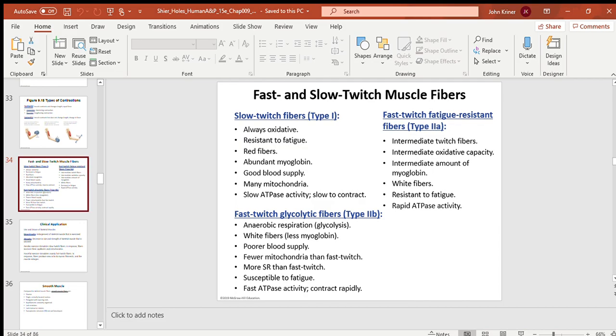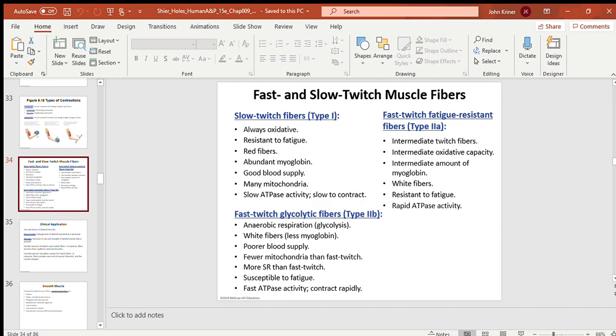So fast twitch type 2B muscles rely heavily on anaerobic respiration or fermentation. They're white muscle. So they have less myoglobin, poor blood supply because they're anaerobic, fewer mitochondria, and they are susceptible to fatigue.